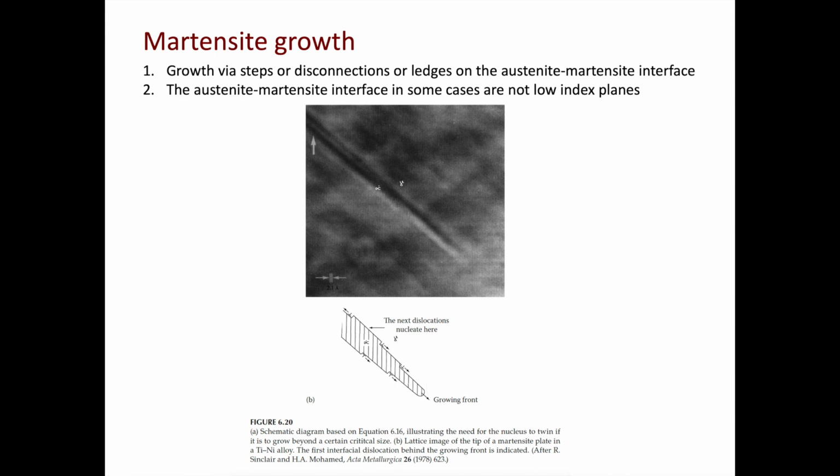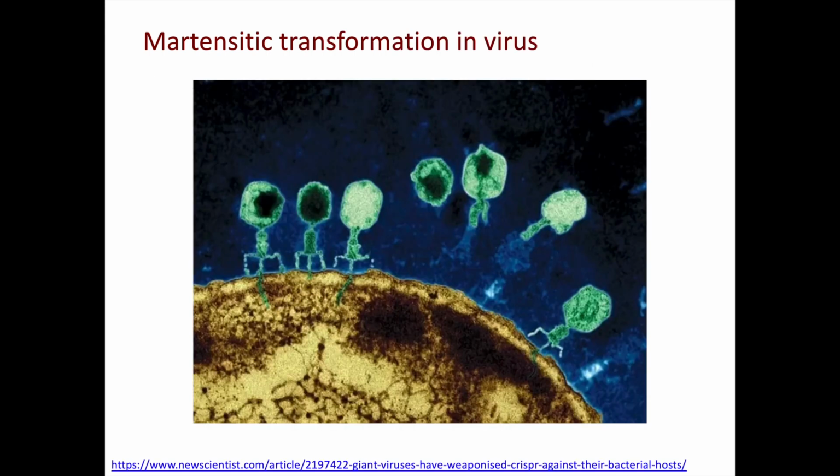Before wrapping up today's slides, I want to say that martensitic transformation is not something unique in metals and alloys. They are also observed in ceramic systems such as zirconia, as well as vanadium dioxide. Here is one crazy example I learned from Professor Harry Bhadeshia's lectures.